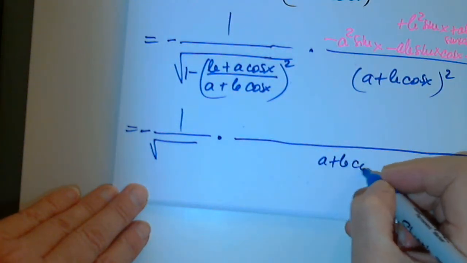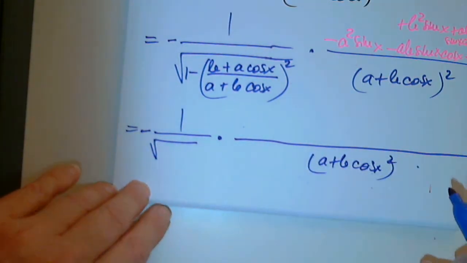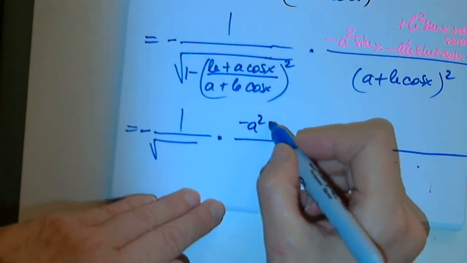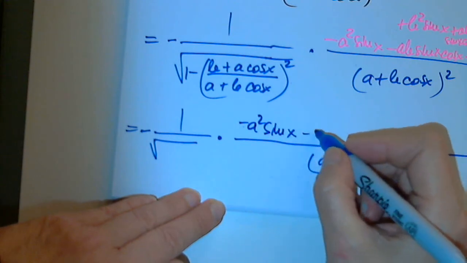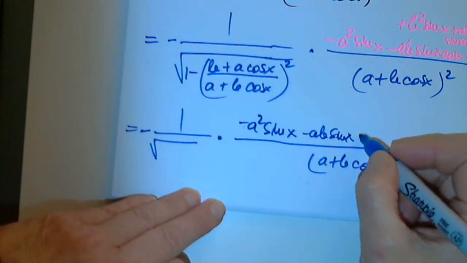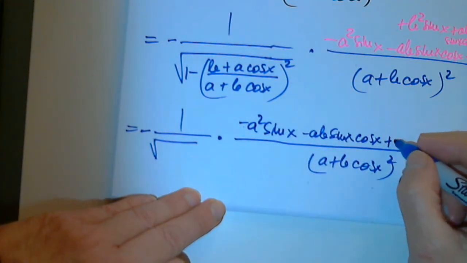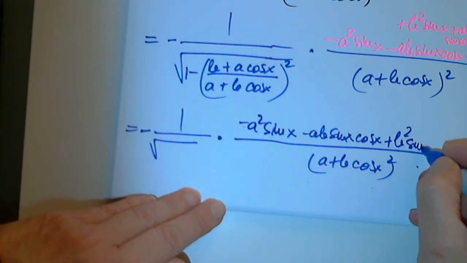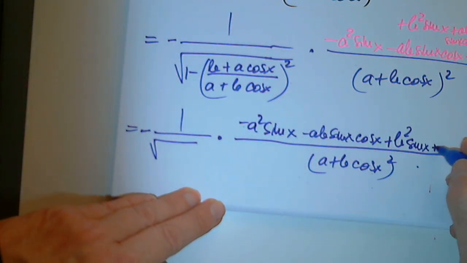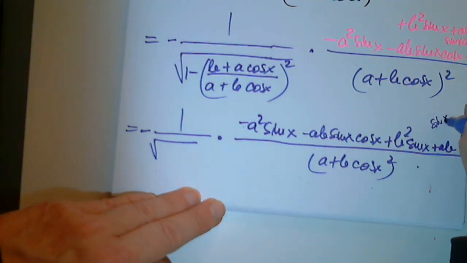So a plus b cosine x squared. So negative a squared sine x minus ab sine x cosine x plus b squared sine x plus ab. There's no way I can fit this in.